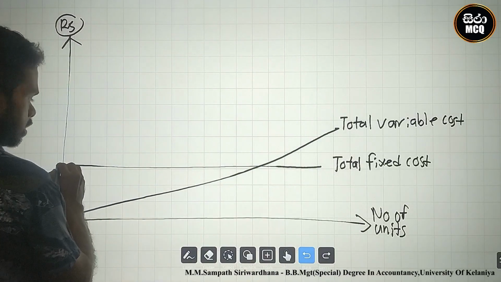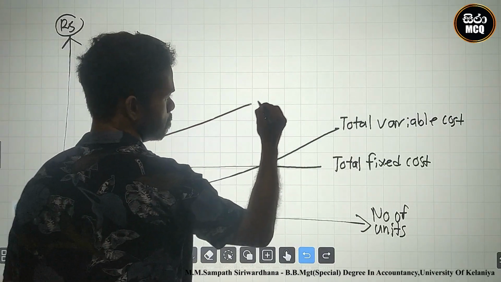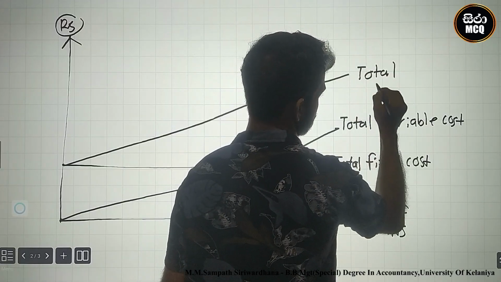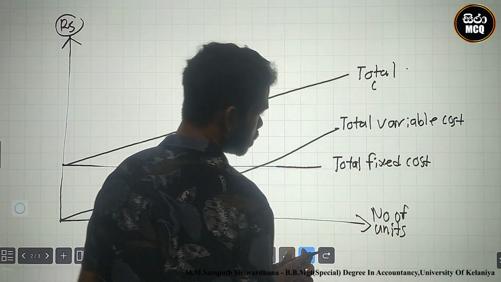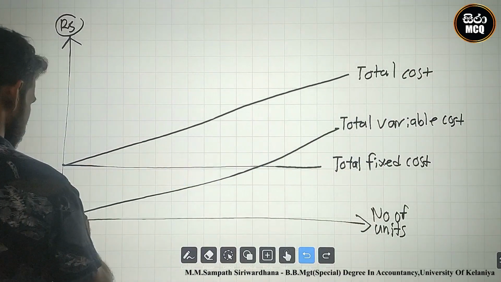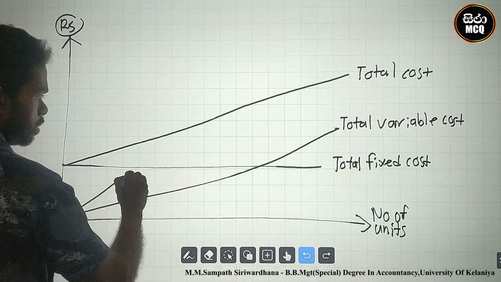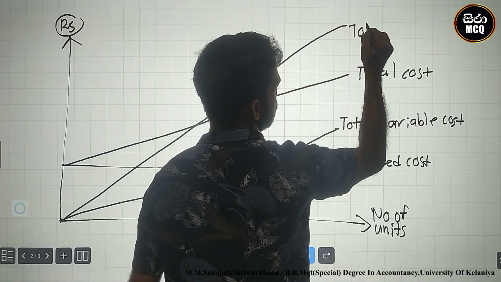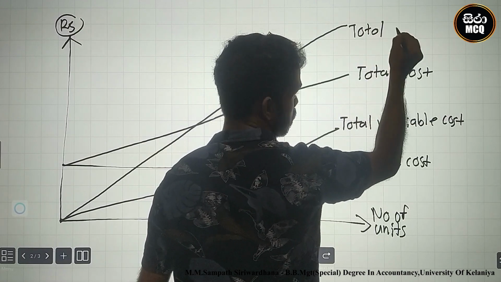What is it? Another one is total cost. This is the total revenue. This is the total income or revenue.